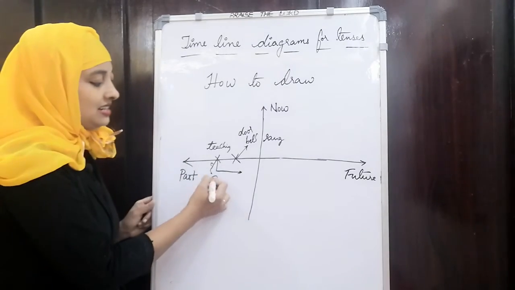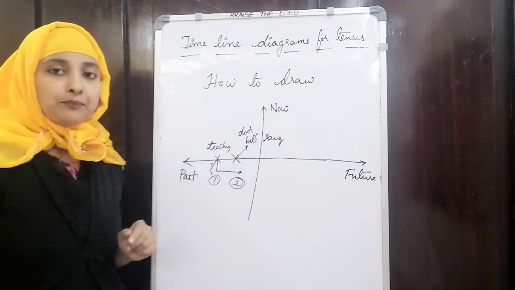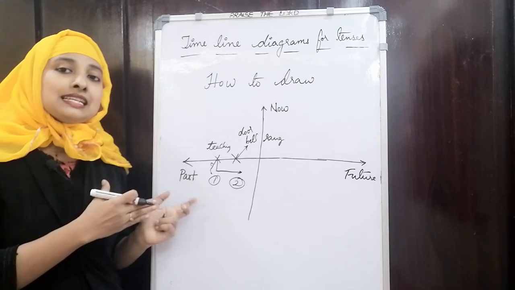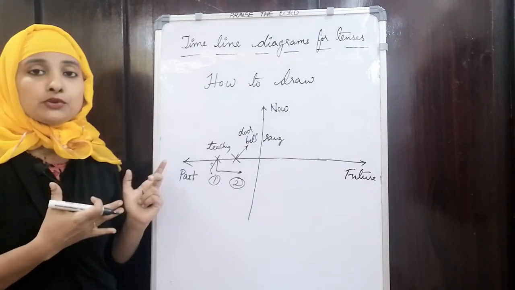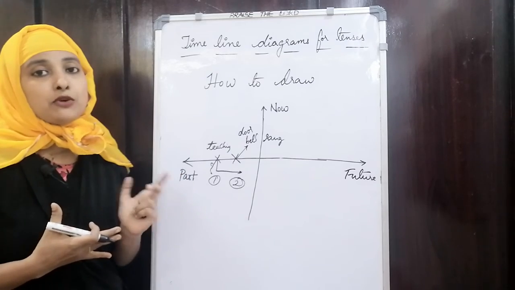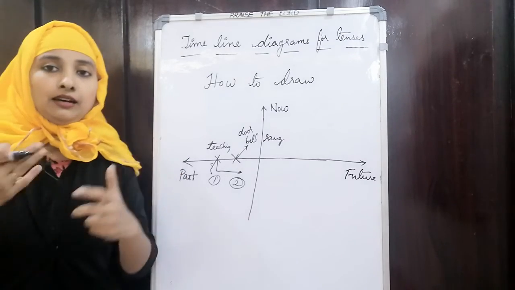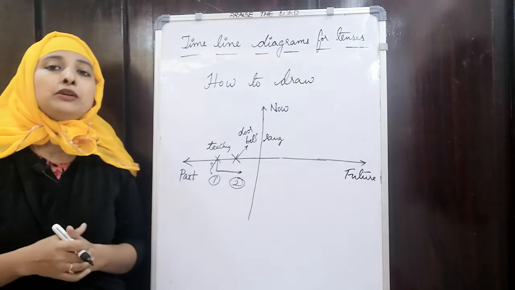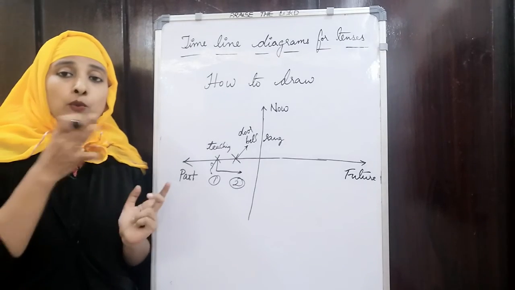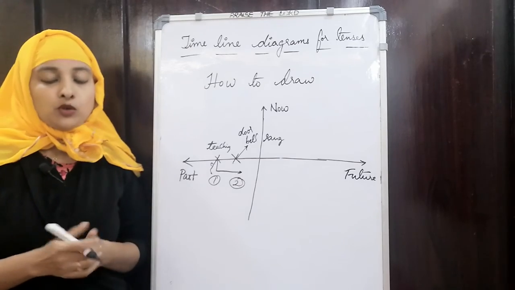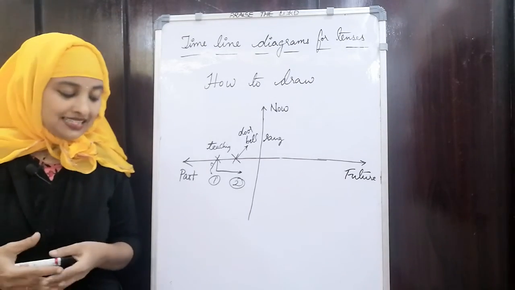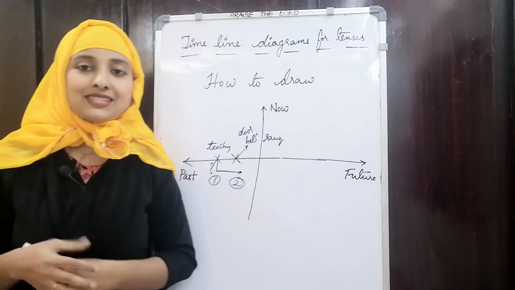This is one event, this is the second event. So this can be represented with two different colors. That can also be used while representing a line diagram of a tense. In the forthcoming videos, I will be doing tenses with the help of diagrams as well, and in the normal way too. Okay, so I hope you understood this, and we'll meet in the next video. Thank you.